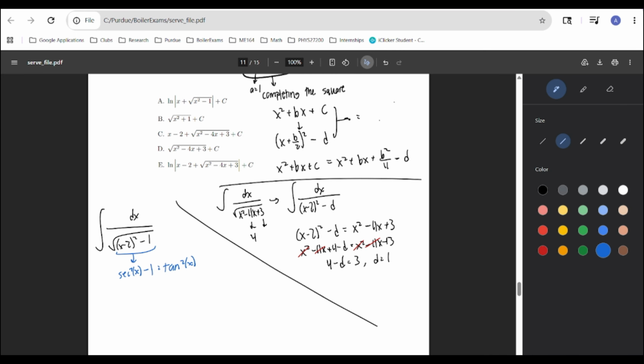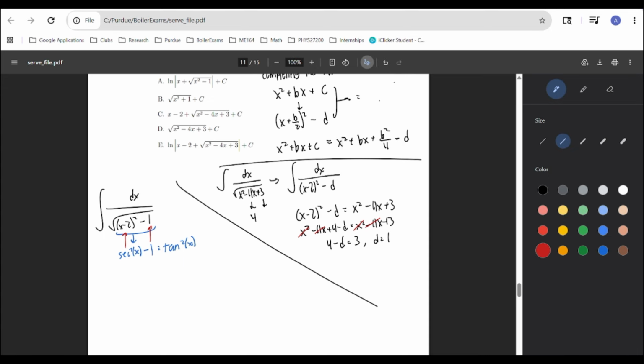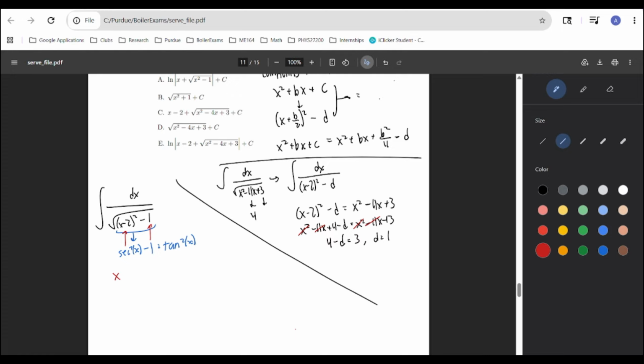Now the question is, how exactly do we make this transformation? Well, we can see here that this 1 is analogous to this 1, and this secant squared has to be analogous to that x minus 2 squared. In this case, we say that x minus 2 squared would be equal to secant squared of theta, and let me write that all in terms of theta, because we can't have two different bases, all in terms of x.